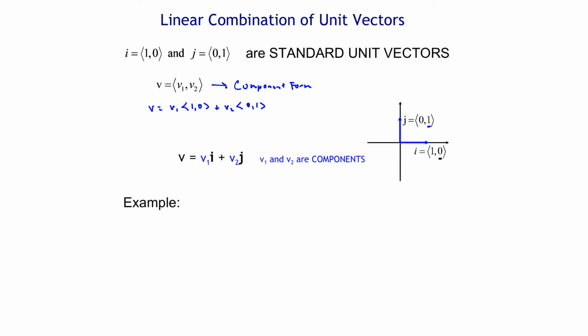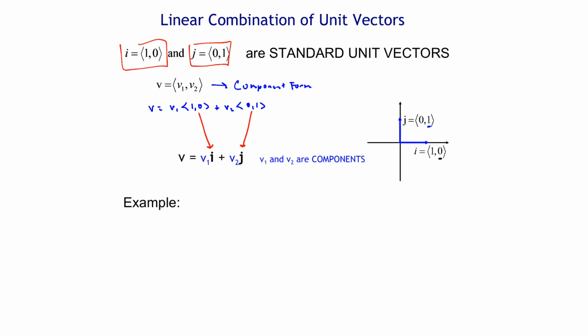V sub 1 and v sub 2 just represent your components, those scalars. And so 1, 0 is the same thing as i from above, and 0, 1 is the same thing as j, your standard unit vectors. So we can rewrite a vector v from component form to linear combination form, which is v sub 1 i plus v sub 2 j.